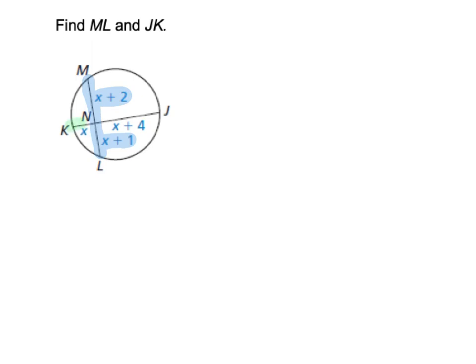The other chord that goes across this way, the 2 parts of it are x and x plus 4. So we are going to multiply part times part, so we would have x plus 2 times x plus 1. And then the other one would be x times x plus 4.